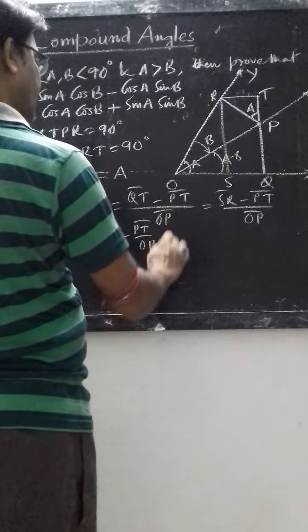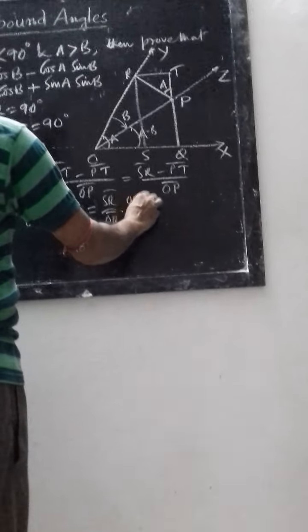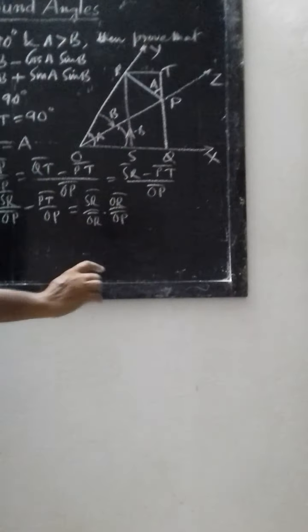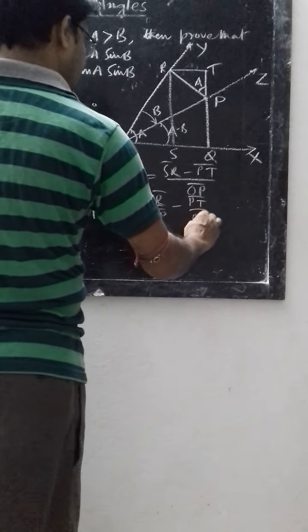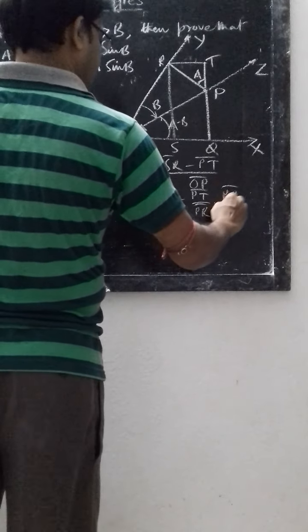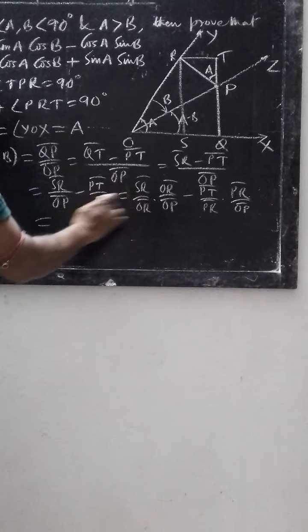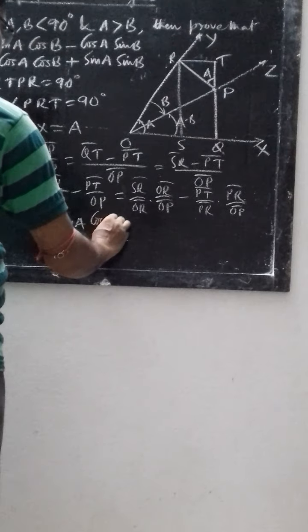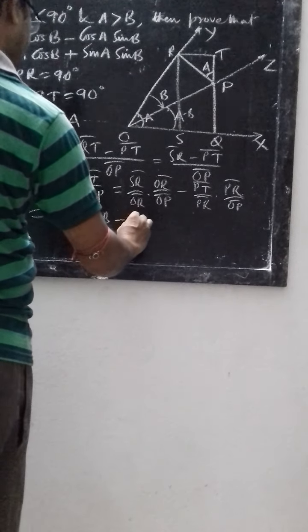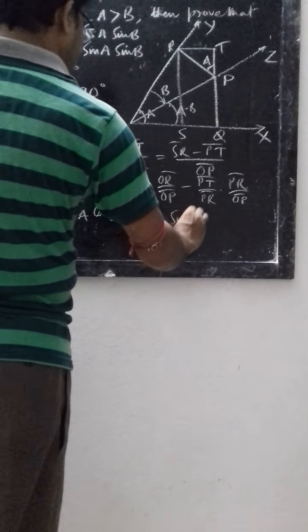This is equal to SR by OR into OR by OP, same as the previous case, minus PT by PR into PR by OP. From the figure we can write this equals sin A, this equals cos B, minus PT by PR equals cos A, and PR by OP equals sin B.